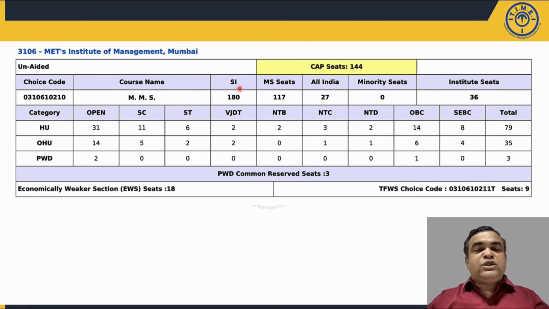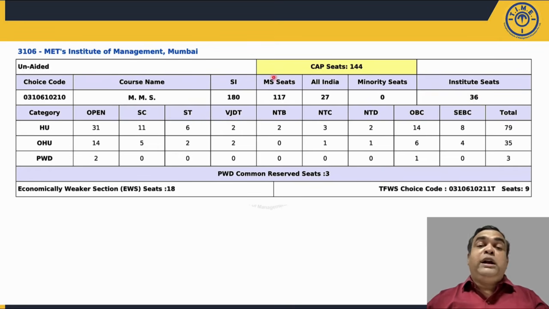In this college, your total sanctioned intake is 180 seats. Out of those 180 seats, 144 seats are through the CAP round and 36 seats, around 20%, are your institute level seats. Now what are institute level seats? I'll see that at the end.